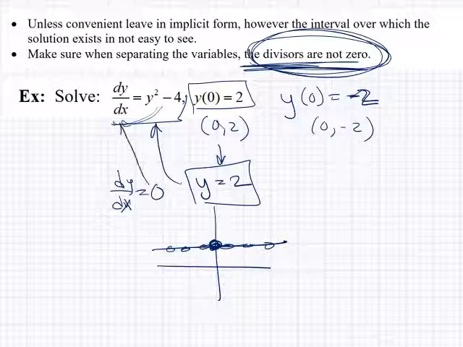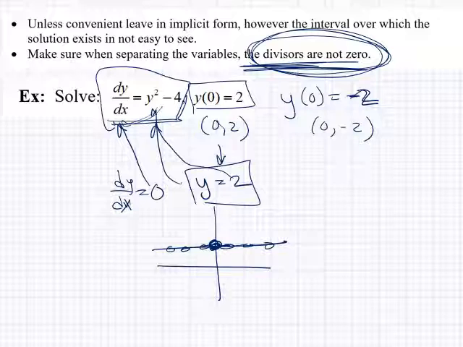So if I plug the derivative in here, and I plug the y itself in here, does it satisfy this equation? Yes, it makes this side 0, and here I'd have 4 minus 4, so it makes that side 0. So yes, it satisfies that equation, and this is a solution to the differential equation.